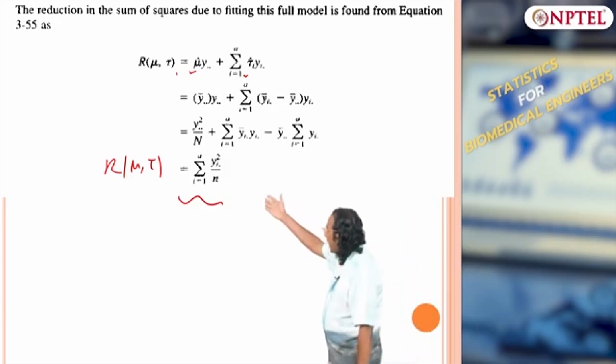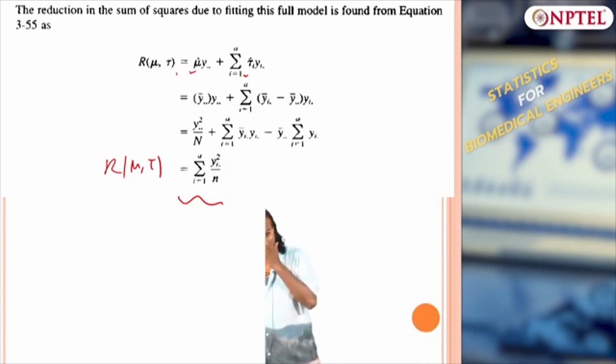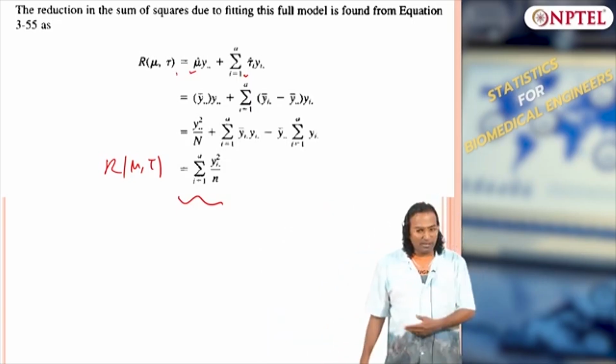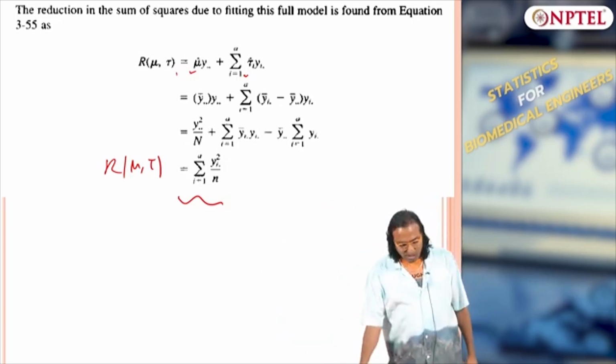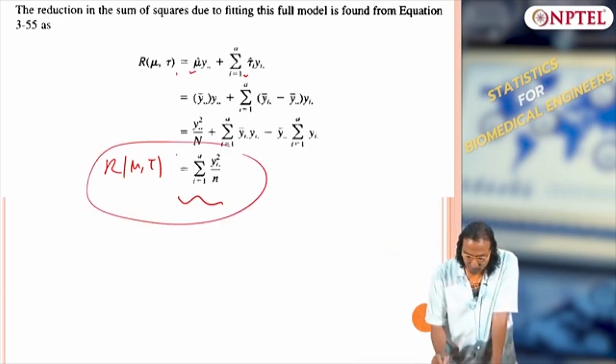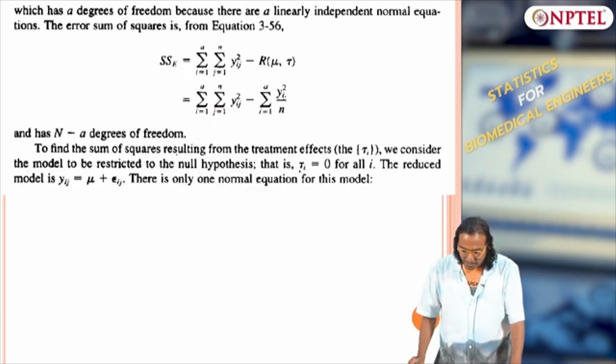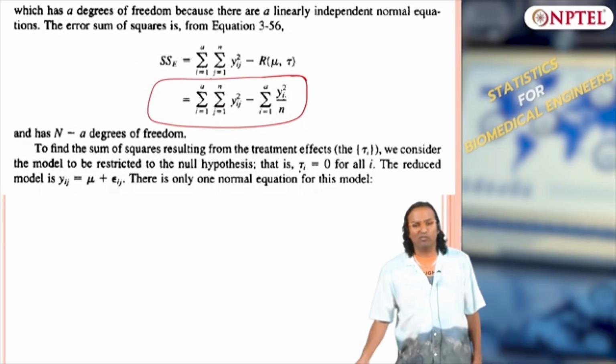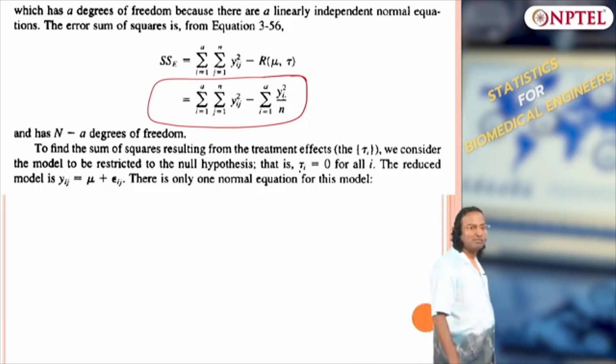I know what is mu hat, I know what is tau i hat, I just simply substitute it. So this is my R(mu, tau), and now I have an equation for sum squared error. If you go back and look, this is what you will have, the sum squared error equation, okay.